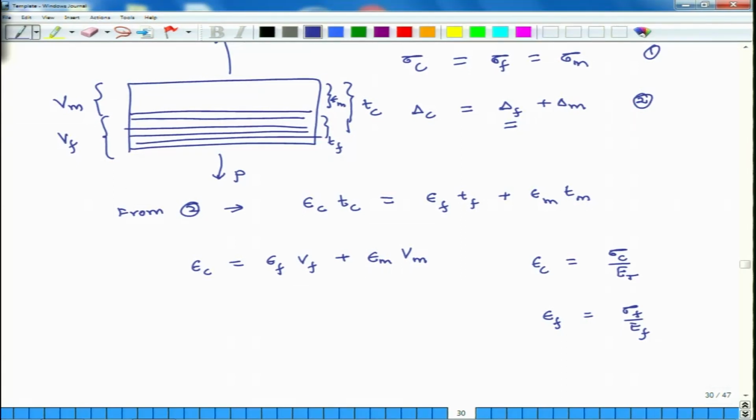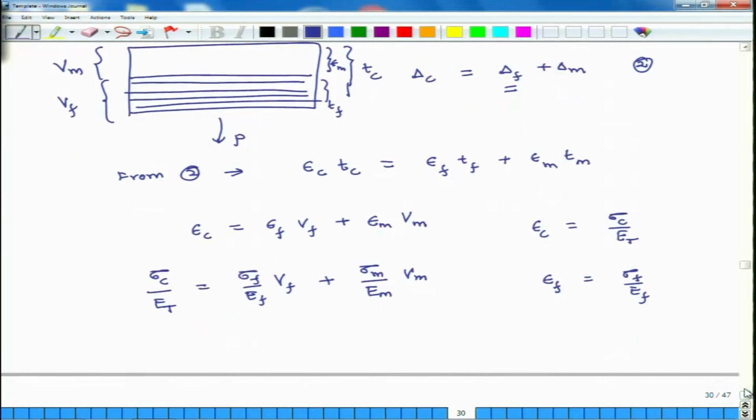So, I plug these things in this equation. So, I get sigma C by Et is equal to sigma F over Ef times Vf plus sigma m over Em times Vm. And now we use equation 1, which says that sigma C, sigma F and sigma m are same.